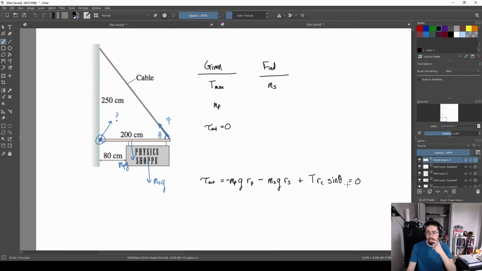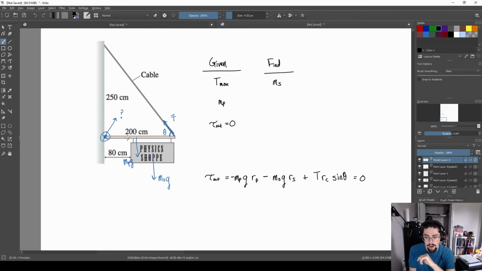Now I look at all of these things and I say, all right, I just need to find what these quantities are. I would argue that for the pole, that radius right there is the center of mass, right? So radius P should be equal to 1 full meter. Where is the center of mass of the sign?